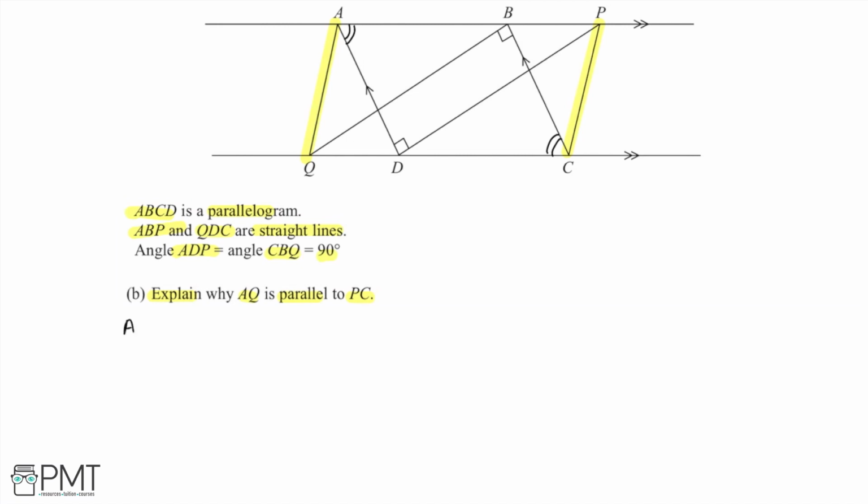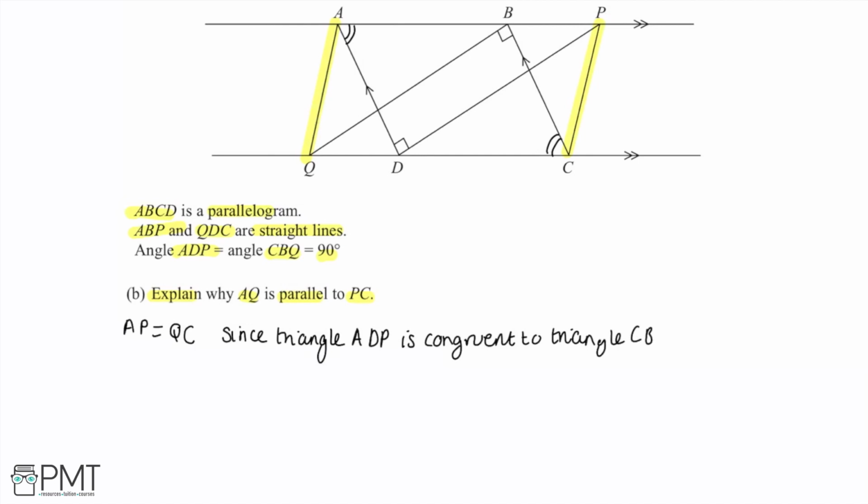I'm going to say that AP is equal to QC, and that is since triangle ADP is congruent to triangle CBQ. And that's what we proved in part A.